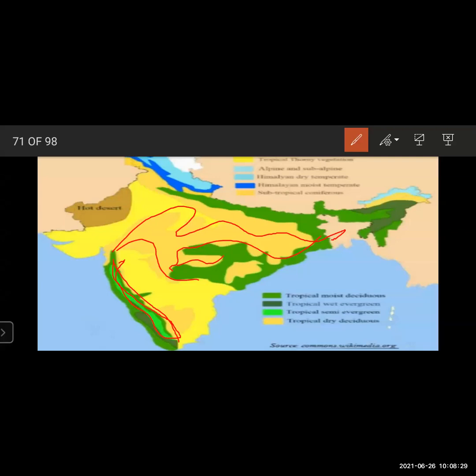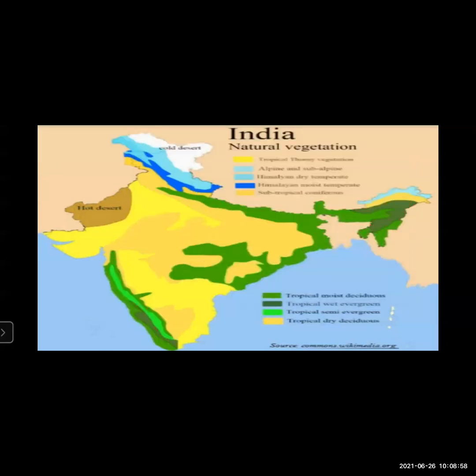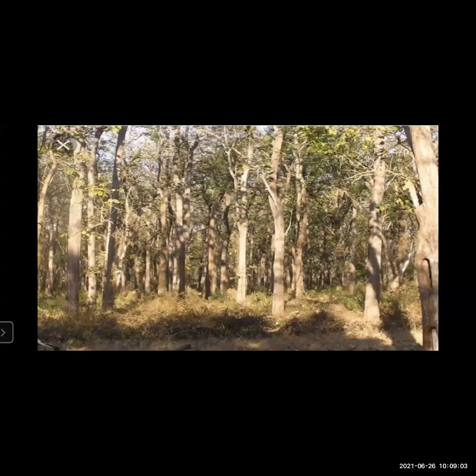And the dark green, this one, is tropical moist deciduous. And this one is tropical wet evergreen, which means it receives a good amount of rainfall. See, this kind of plants or trees you can see in dry deciduous forest.